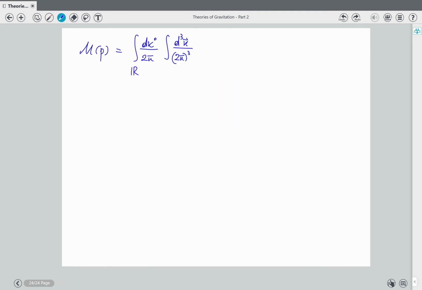We will not be interested very much in the overall constant, so we can even forget about it.